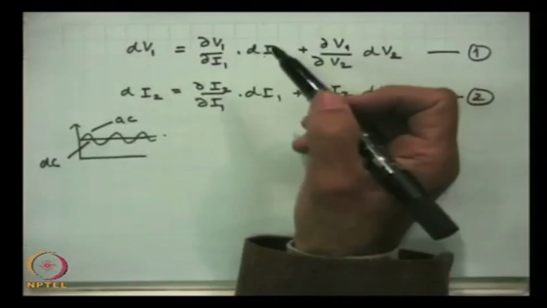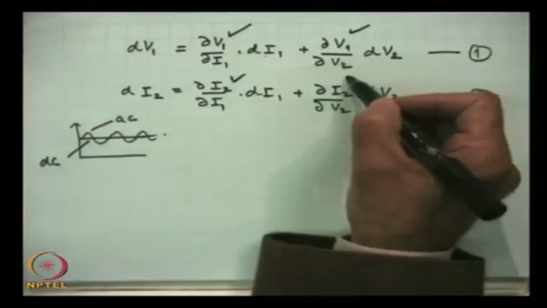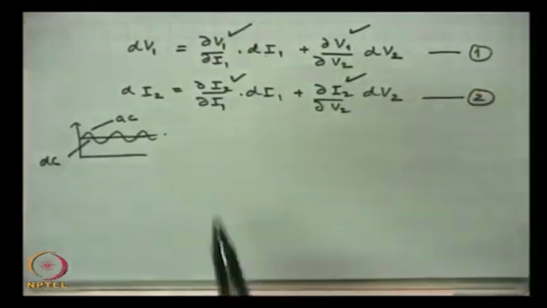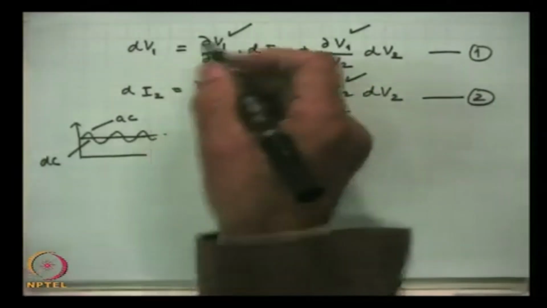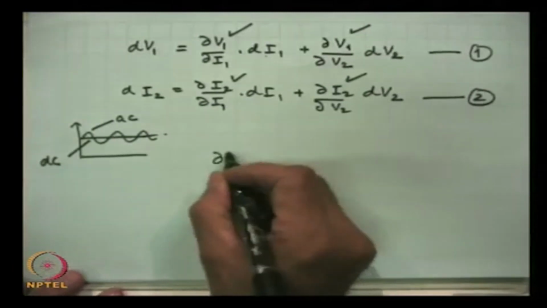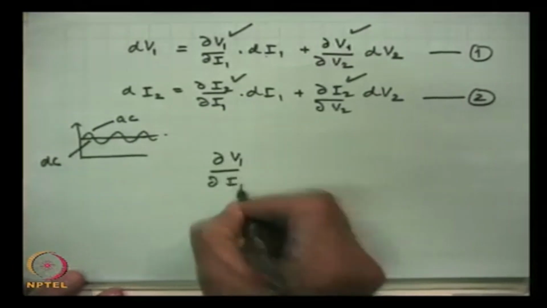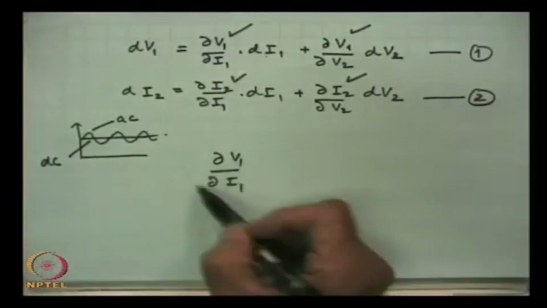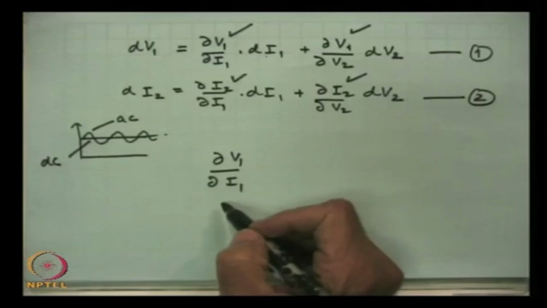Now, let us look at these derivatives. What do they represent? This delta V1 by delta I1, you will recall that this has the dimensions of impedance.